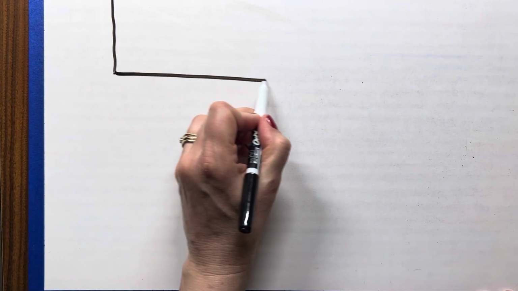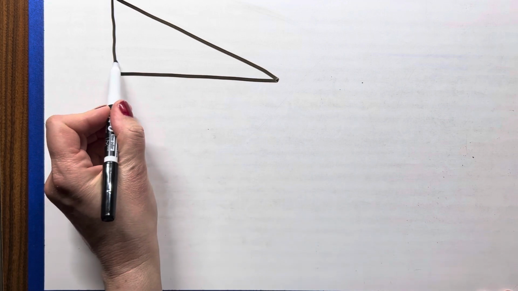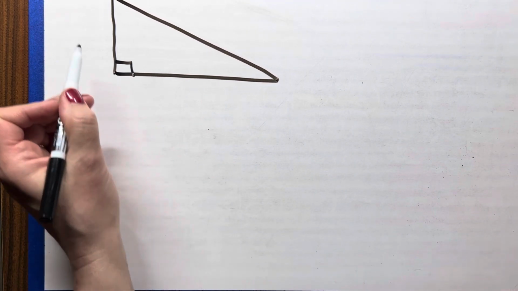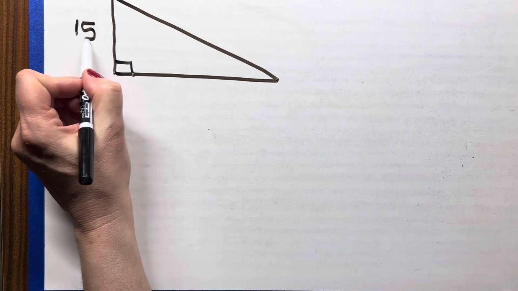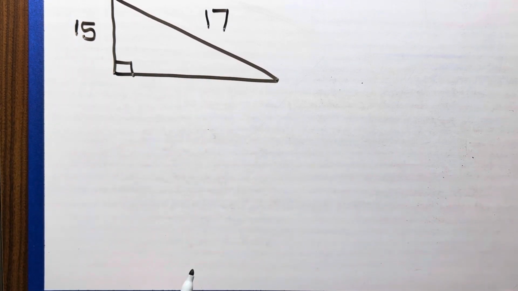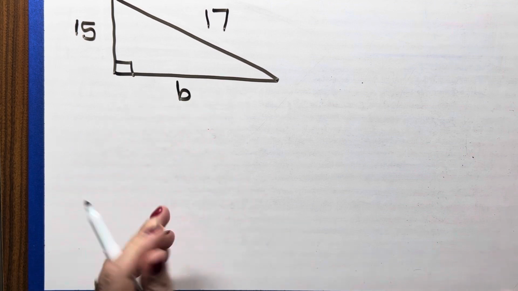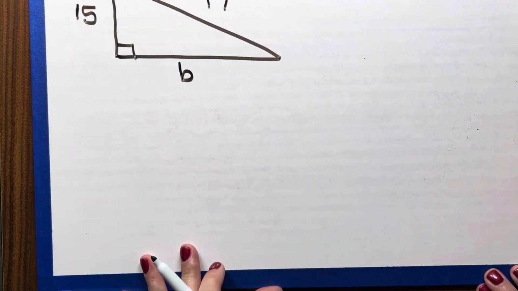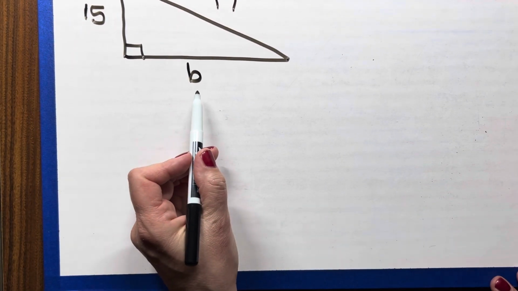Let's suppose that I have a right triangle, and for this one, I know that a is 15, and I know that c is 17, but I don't know b. So this time I'm going to have to find one of the legs.